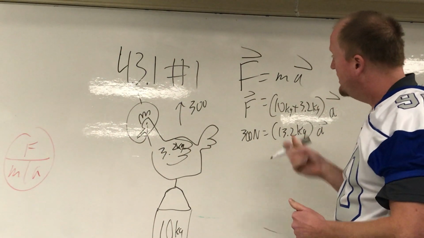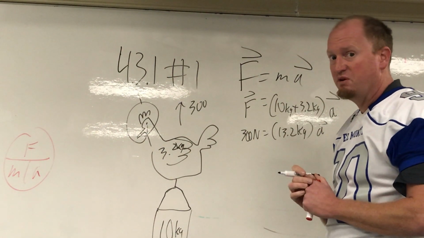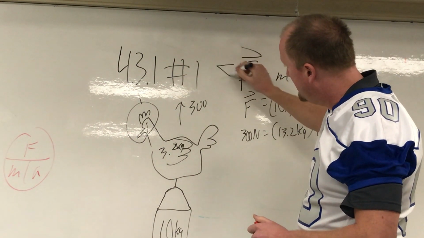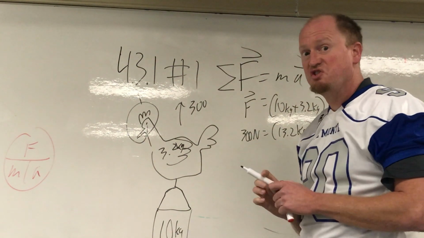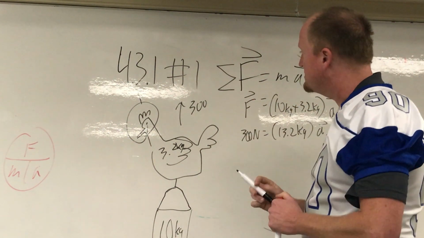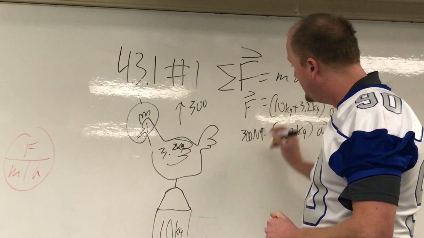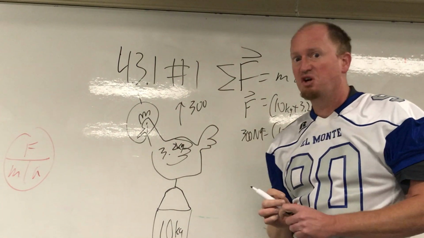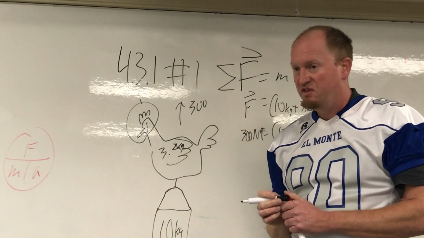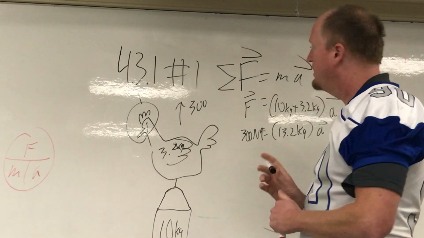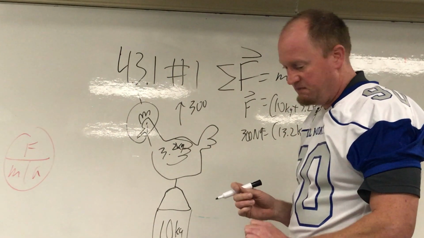But we've been kind of simplifying this, haven't we? We left something out of Newton's formula. We left that out, the sigma. The sigma means it's the sum of all forces. Yes, the rocket is pushing up with 300 newtons, but something else is going on. This rocket is taking off from Earth, the home of all chickens, and Earth has gravity.